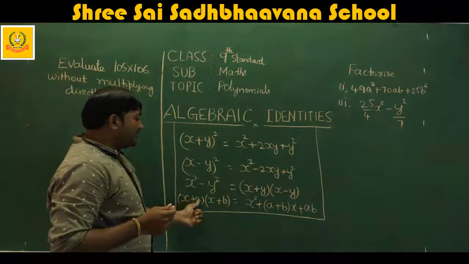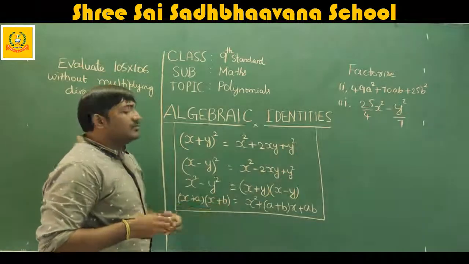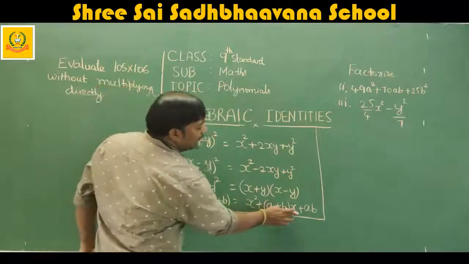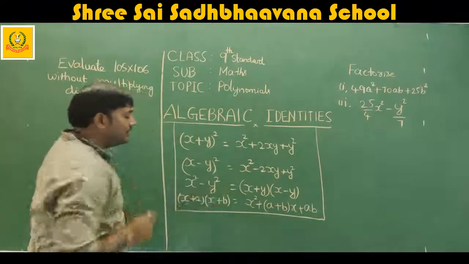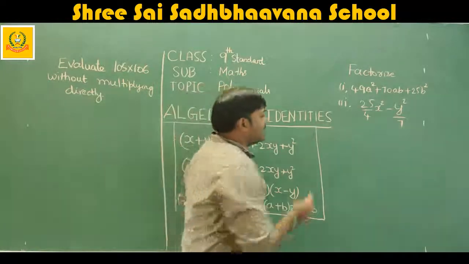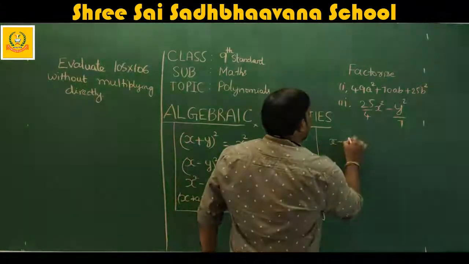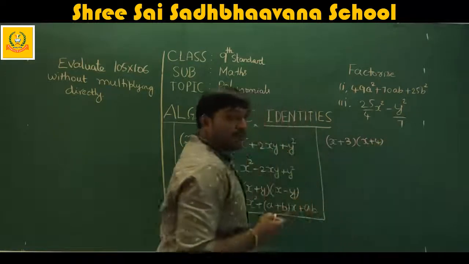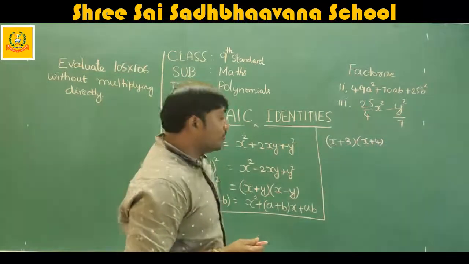Next, x plus a into x plus b, which is equal to x square plus a plus b into x plus ab. For this, I'll give an example. Let's take x plus 3 into x plus 4.